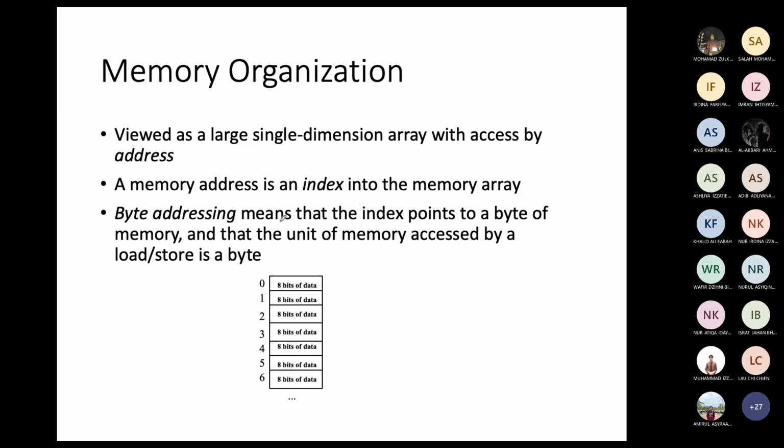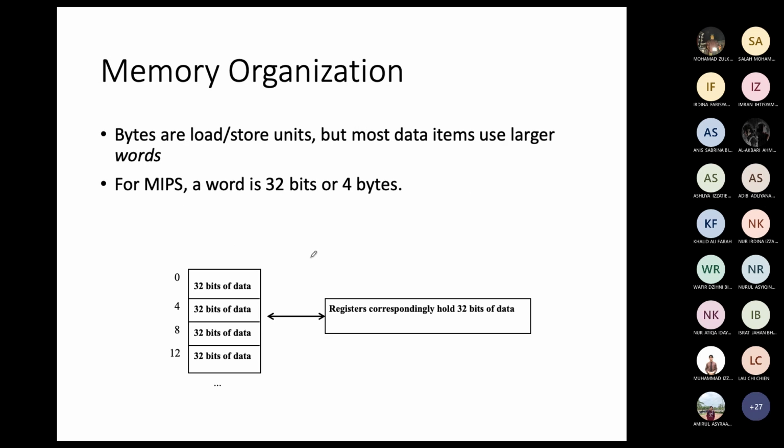Byte addressing means that the index points to a byte of memory and that the unit of memory accessed by a load or store is a byte. So they store it using a byte. Previously, when you saw it, it is in 8 bits, so 8 bits, 8 bits, 8 bits. This is 8-bit data in a single dimension array, but in MIPS we operate using 32 bits or 4 bytes.